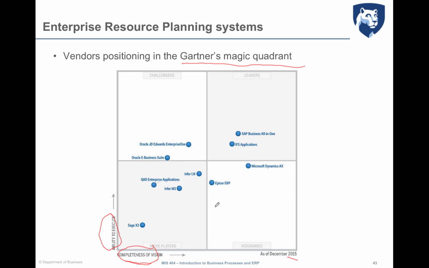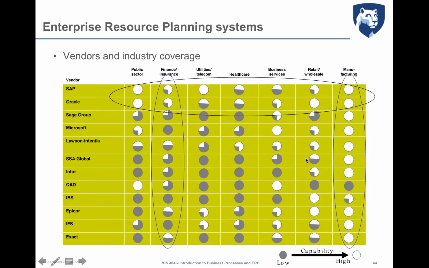We can see that the best positions, meaning high completeness of vision and high ability to execute, are the SAP Business Suite and the EIFS application suite. Then just have a look also at the level of industry coverage assured by the different typologies of enterprise systems. As you can see, SAP and Oracle solutions are those assuring the broadest coverage in terms of industry.